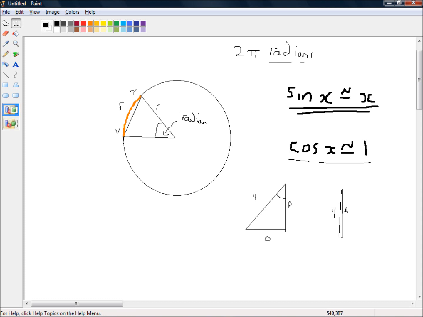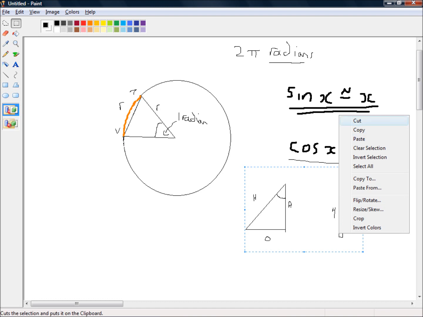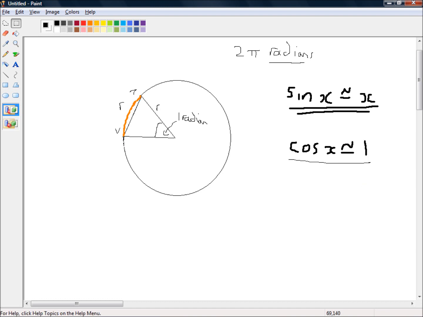Okay, so with that covered, let's talk about circles. If I divide this circle up into radians, there's going to be just over 6 of them because there's 2 pi radians in a circle. I'm not even judging the angles very well.